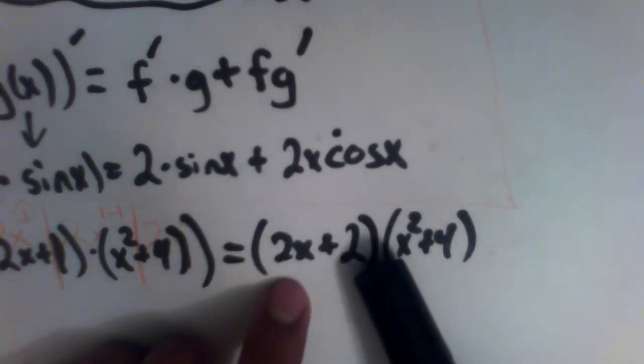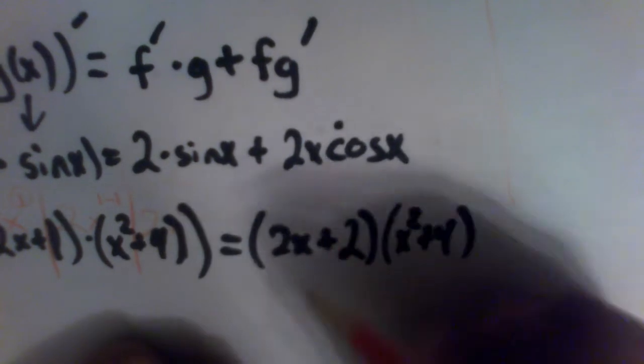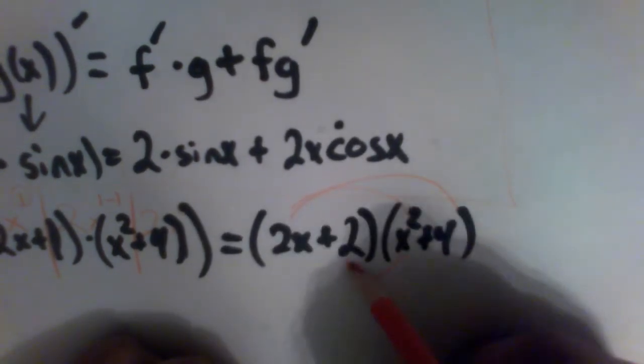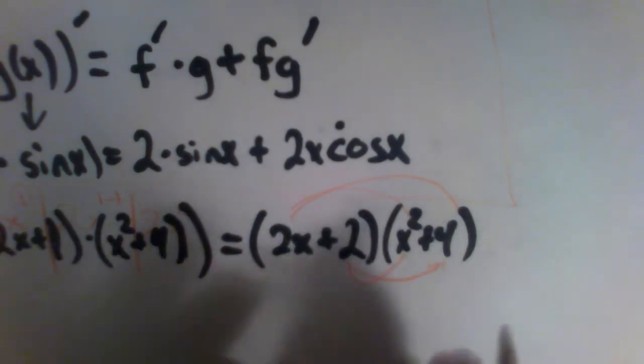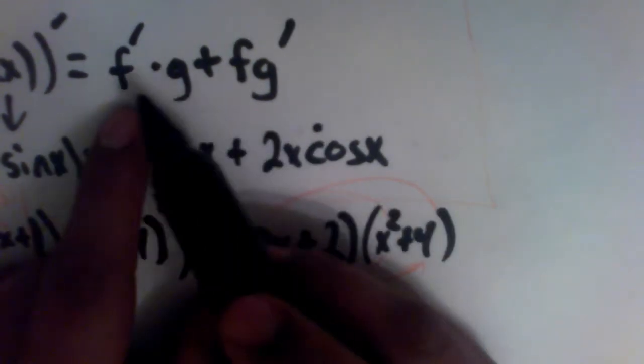But no, you actually have to use FOIL or the distributive property, whatever you want to call it. You go from here to here, then from here to there, and so on. That's what you would have to do if you want to simplify this and get rid of the exponents. Okay, so that's the first part, f prime times g.